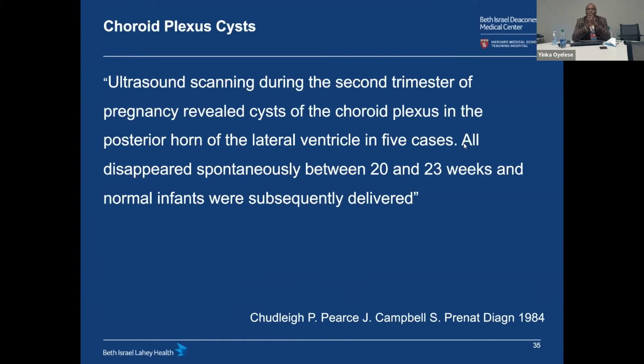And what they said was all disappeared spontaneously by 23 weeks, and normal infants were subsequently delivered. They knew this way back in 1984. So it is interesting that almost 30, 40 years later, we are worrying about something that they told us disappears and the babies were normal.